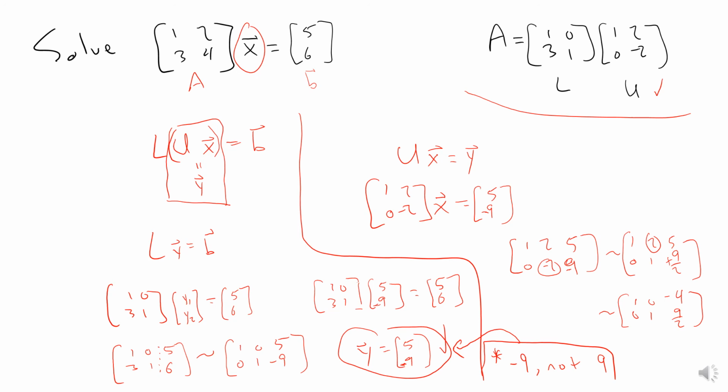All right, so in the end, this gives us our vector x that we wanted. Going back to the original equation, we were trying to solve Ax equals b, and now we know that x is (-4, 9/2).